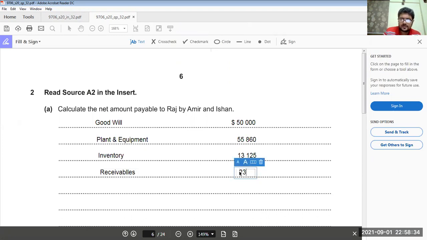Total value of assets: 2,000 plus 55,860 plus 13,000 plus the receivables, which gives 142,655, so about 142,600. Okay. Next, liabilities.